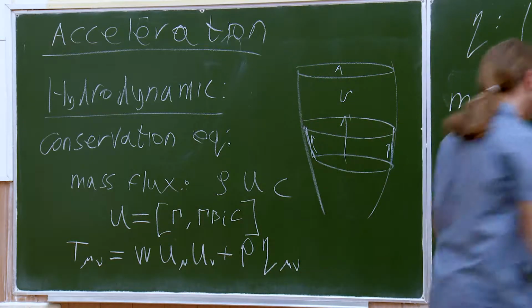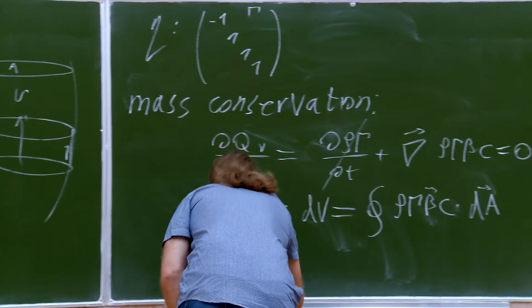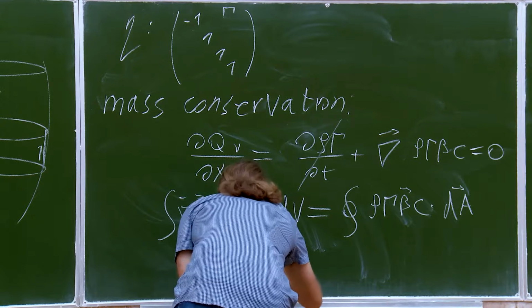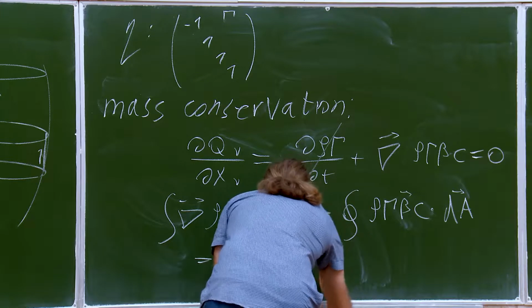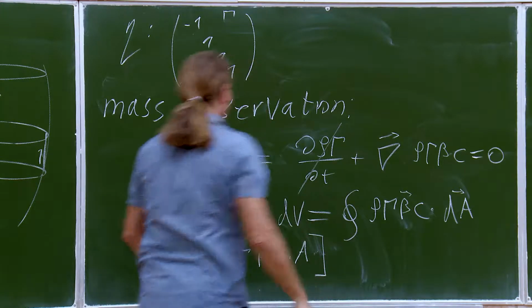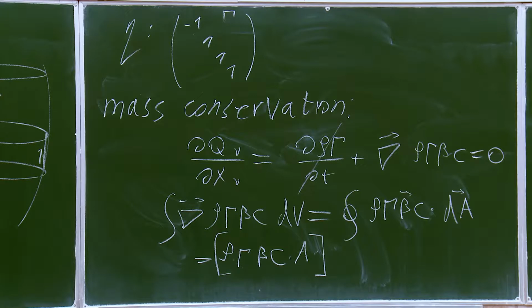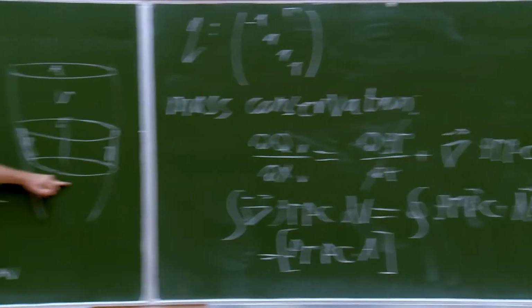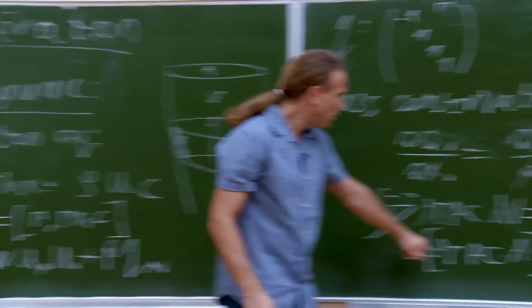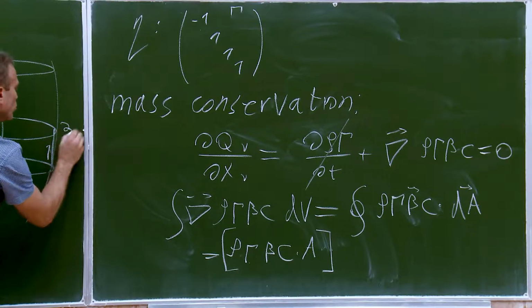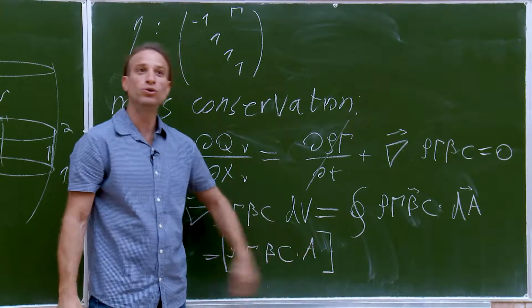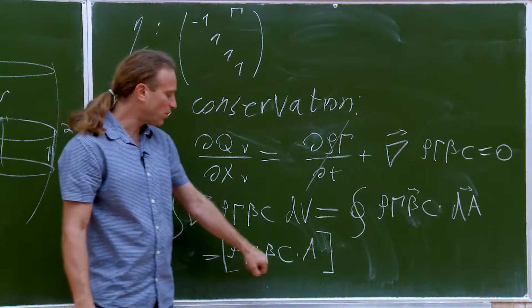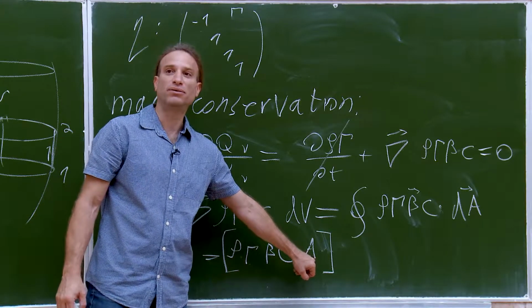So this integral is equal to ργβc times A in square brackets, which means that I need to take the value here and subtract it from the value here. If this is 2 and this is 1, this is ρ2 γ2 β2 A2 minus ρ1 γ1 β1 A1.